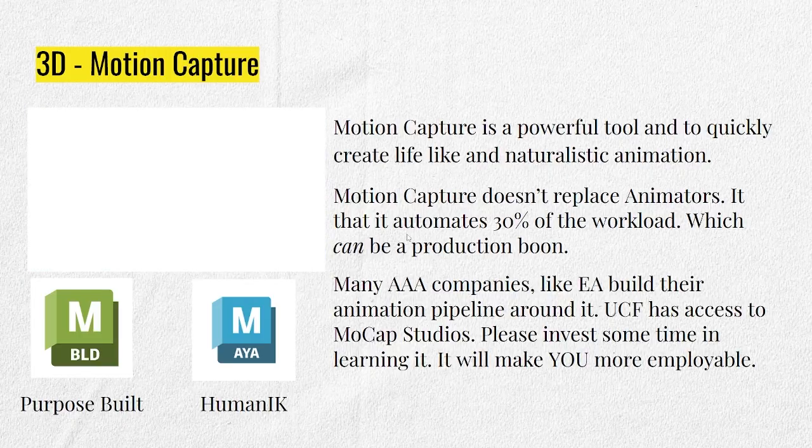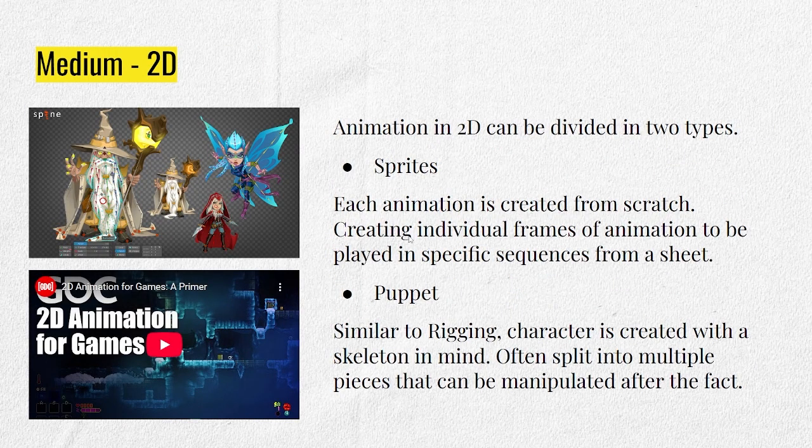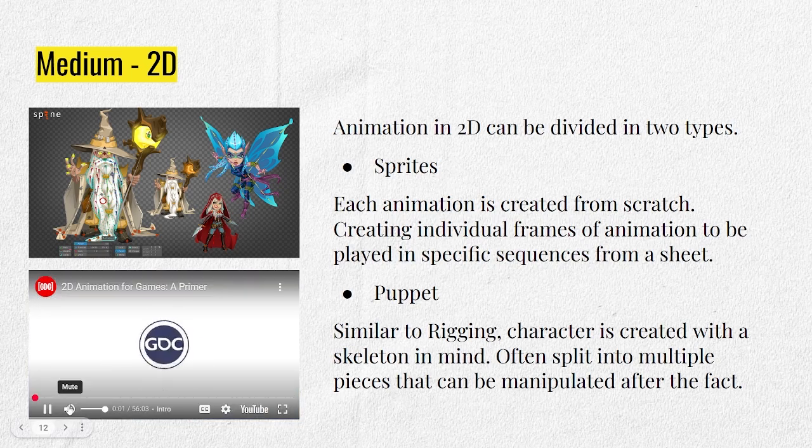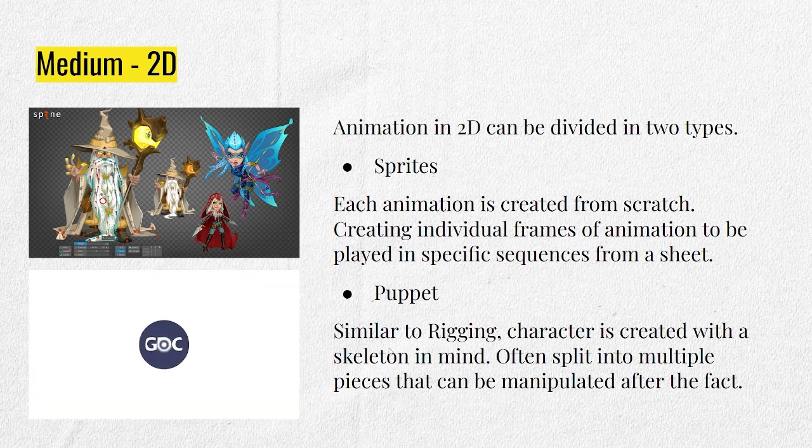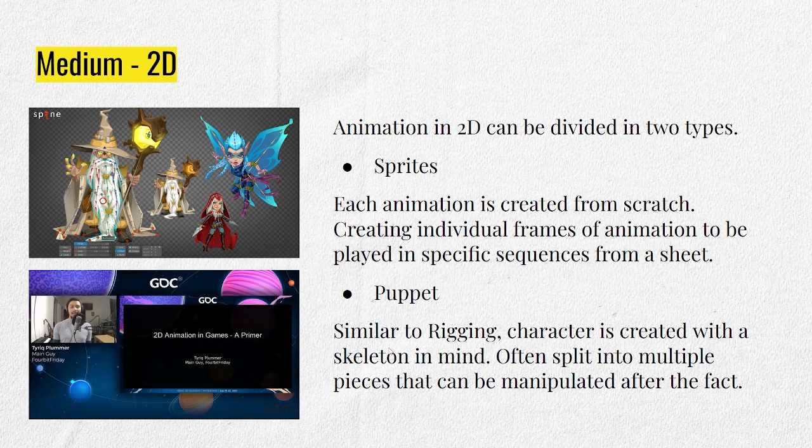Okay, let's go. 2D. I'm going to have this nice little GDC talk about how 2D animation works. Much like 3D, we can break it up into 2 different types of animation. Sprite-based. I'm sure all of you know sprites coming into the game industry.